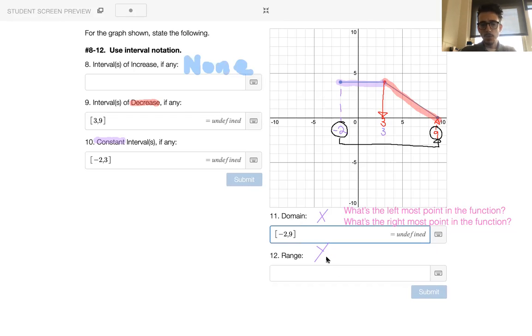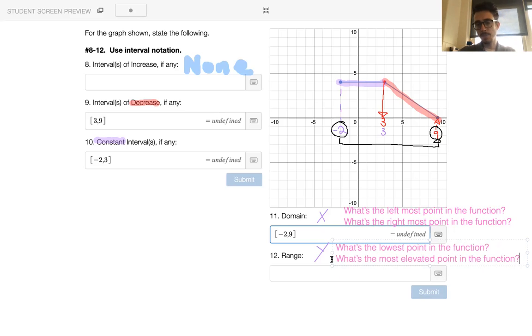For the range, some questions I ask myself: what's the lowest point in the function? So the lowest being height-wise, like the farthest down. And then what's the most elevated point in the function?